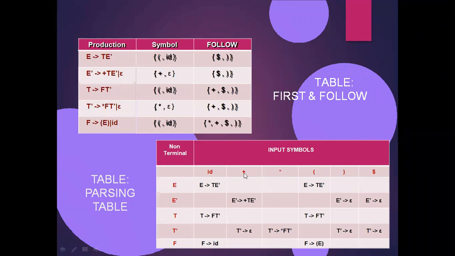For example, E with plus, there is no move. E with star, there is no move. E with closed parenthesis, there is no move. And E with dollar, there is no move. A move is nothing but an action that we apply to the variables.